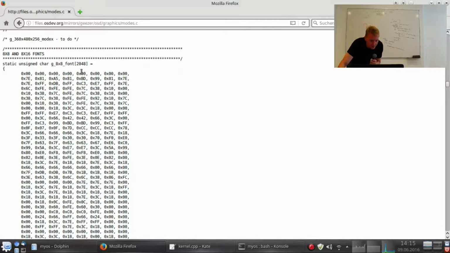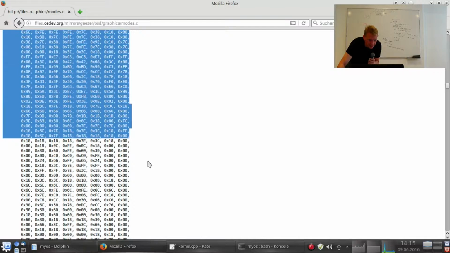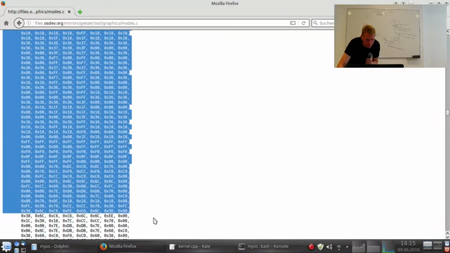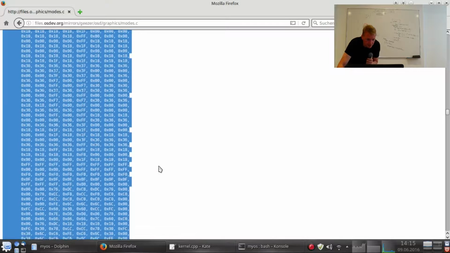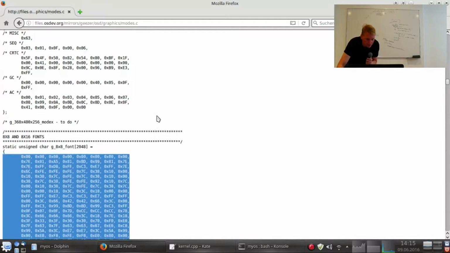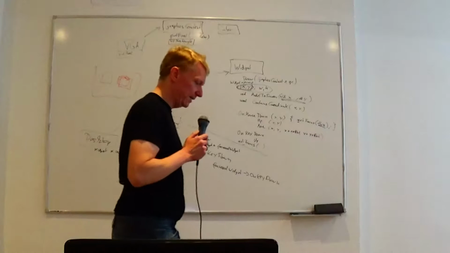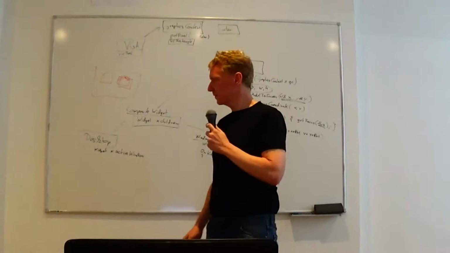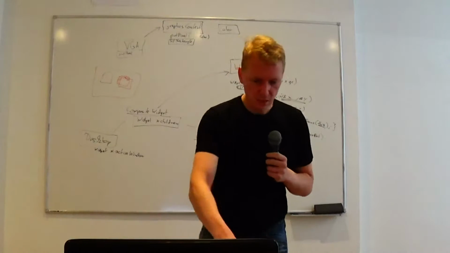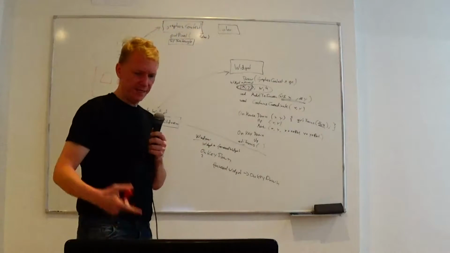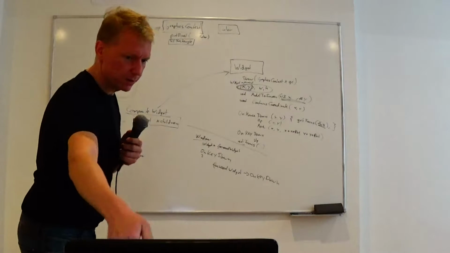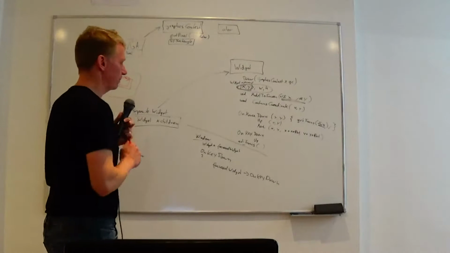So big thanks to him. Down here, you will find this bitmap font, 8x8. This is a bitmap font with 8x8 pixel characters, and so when you want to draw an A, which is, what is it, 54? You just go to the 54th row in there, so 8 times 54.